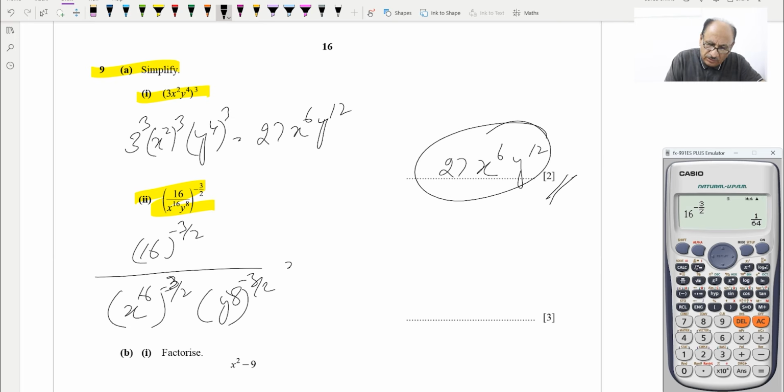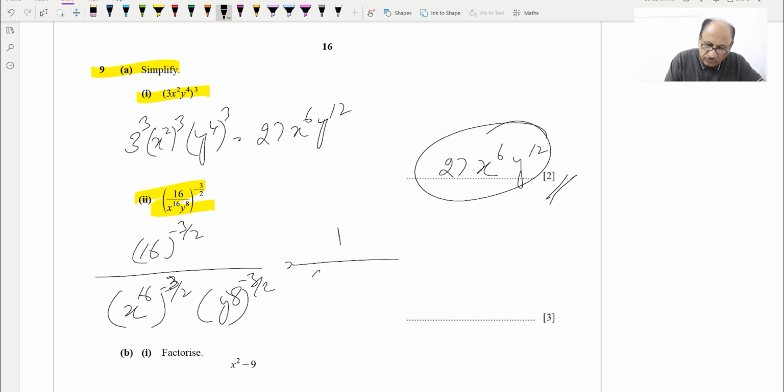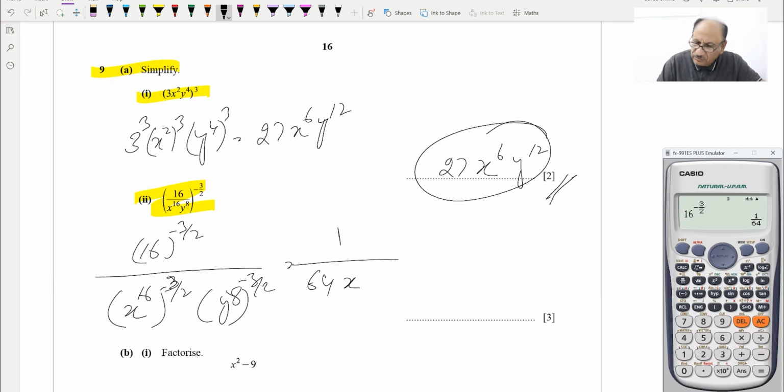So we can write, this will be 1 over 64, and this one, 16 into x raised to the power 16 into minus 3 over 2, will be giving us minus 24.